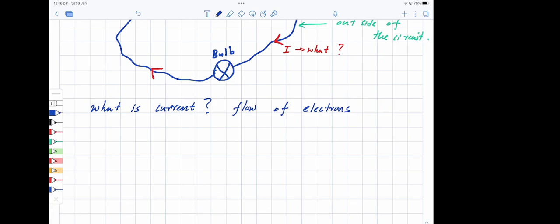So what is the definition of current? The definition is rate of change of charge.